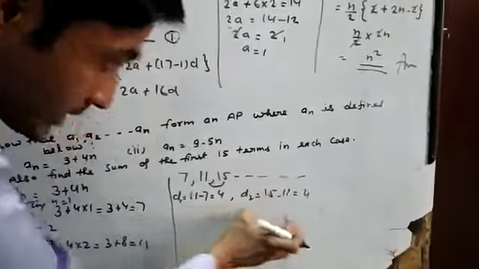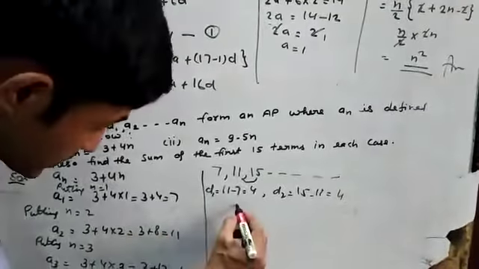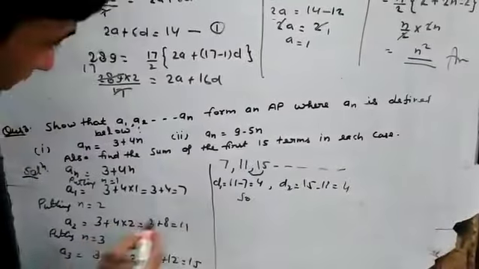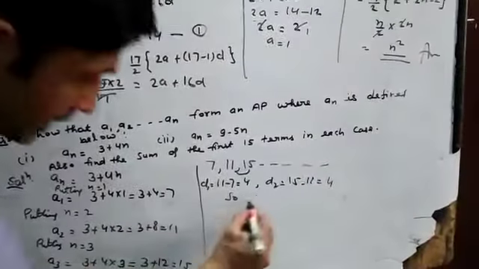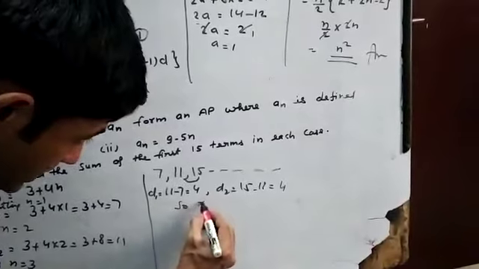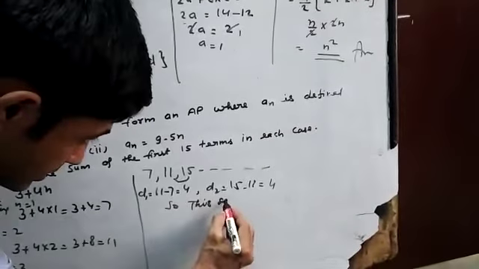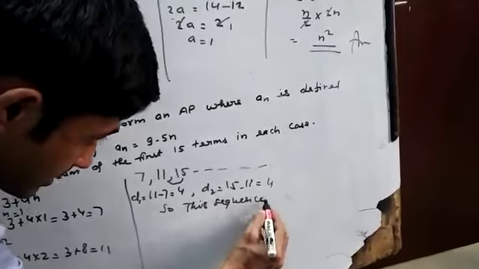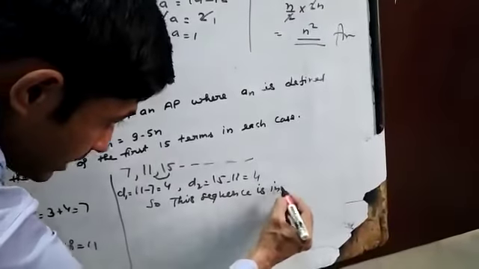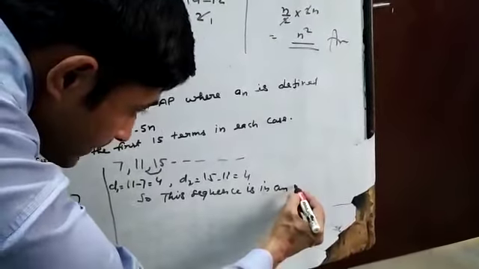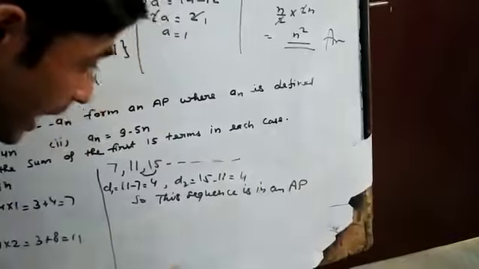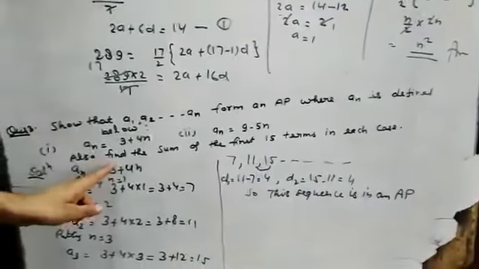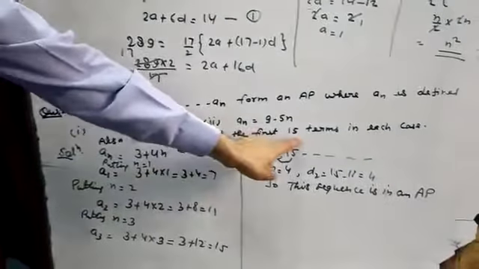From here the common difference is the same. So this sequence is an AP.